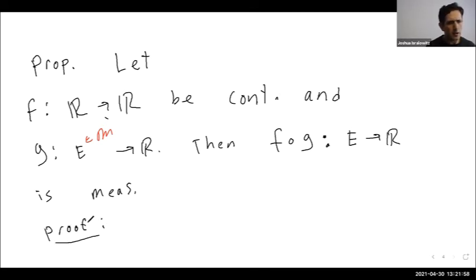There's not all that much involved in the proof. If theta is open, if we have any open subset of the real line, let's check that the inverse image of this function here is measurable. That's equivalent to this function being measurable.